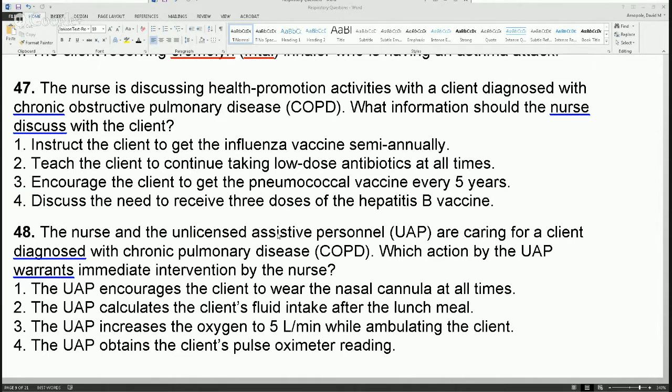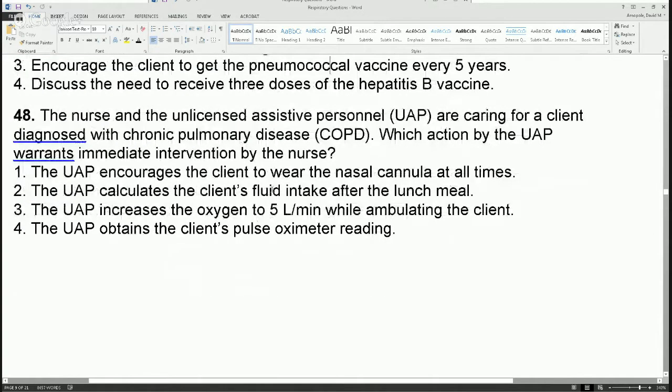All right, Robert. The nurse and unlicensed assistant are caring for a client diagnosed with COPD. Which action by the unlicensed assistant warrants immediate intervention by the nurse? What warrants immediate action?